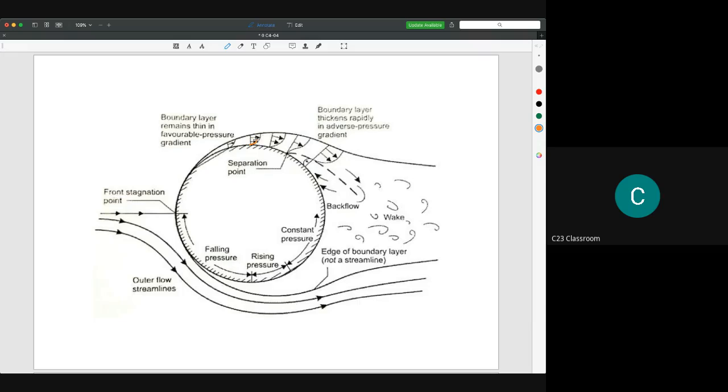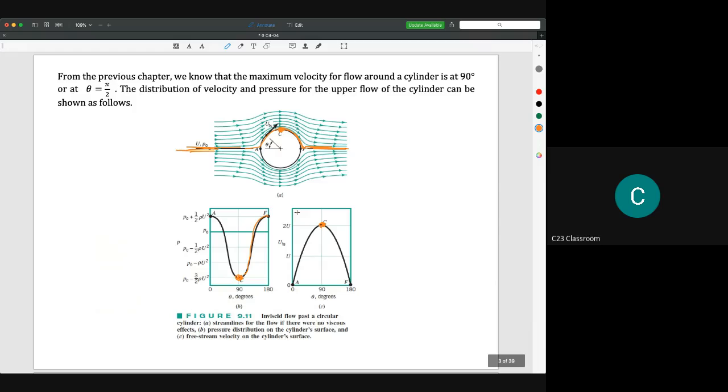According to this graph, at this point the velocity is at maximum. Then the velocity starts to reduce, which means the pressure starts to increase.